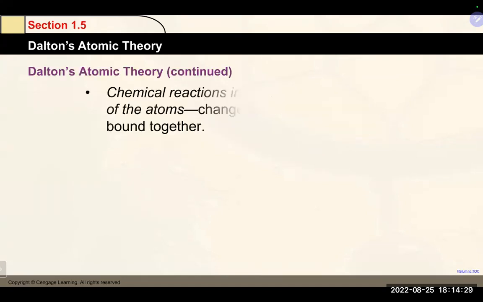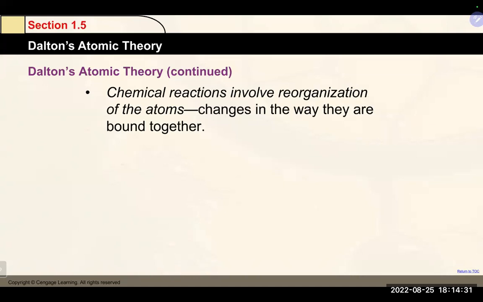He also thought that chemical reactions only involve the rearranging of atoms, changes in the way they are bound together, which is what does happen in chemical reactions. As I mentioned earlier, it is the electrons and the bonds that are being broken and changed as a result.